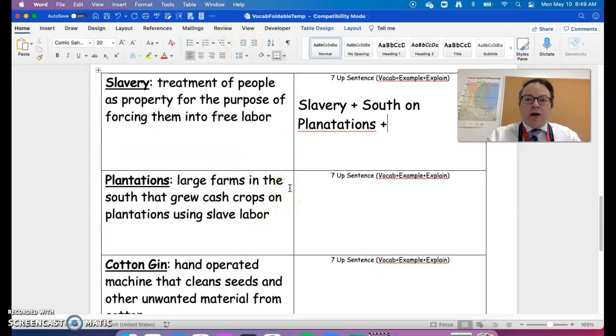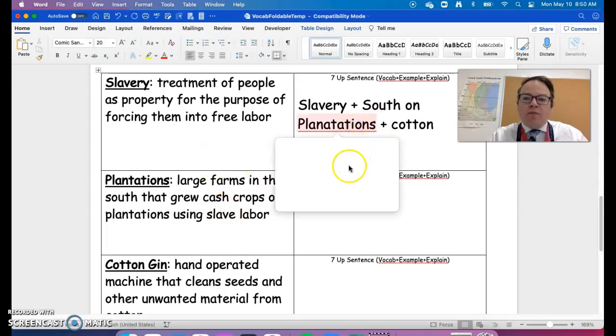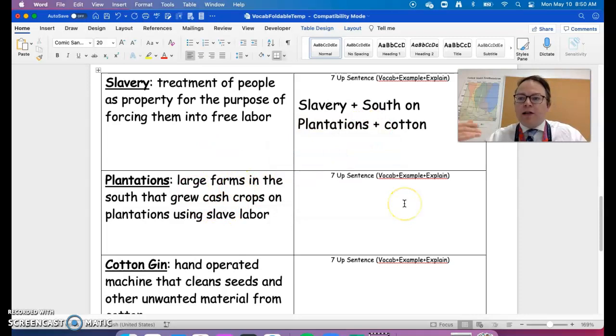The big cash crop we are going to talk about is cotton. Before then, there had been tobacco, rice, and indigo, but by the 1850s-ish, cotton had become king, and we'll talk about the reasons why that happened more in depth as we get into this chapter.